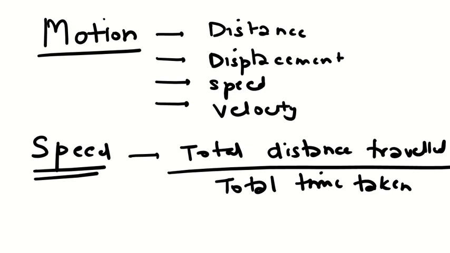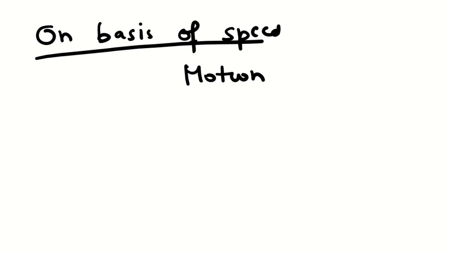So on the basis of speed, motion can be divided into two types. Which two types?